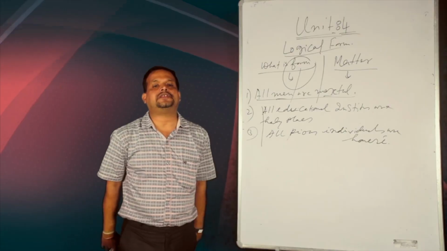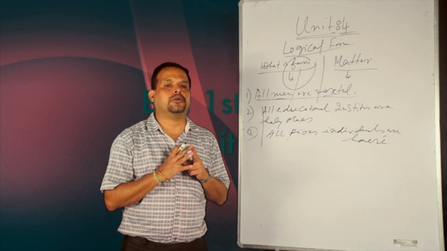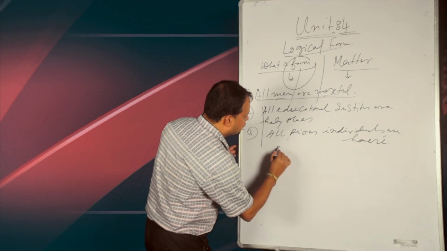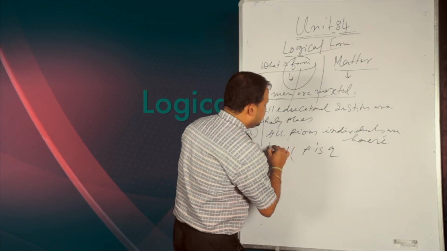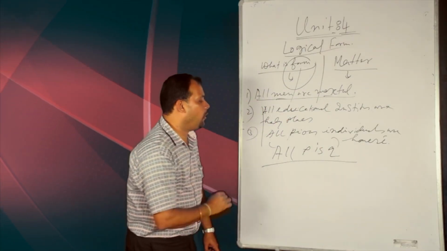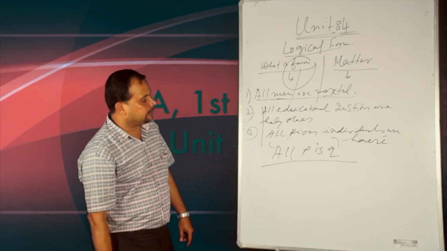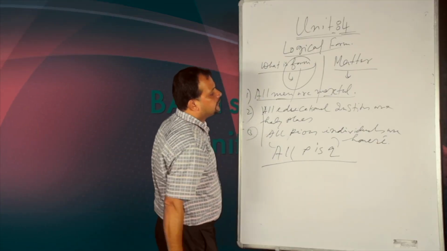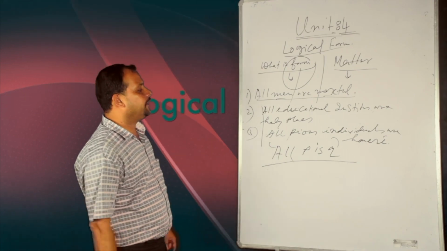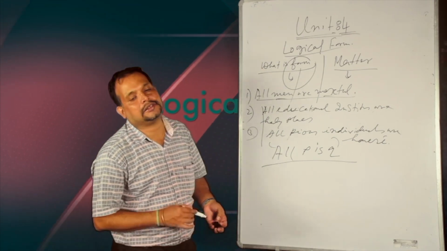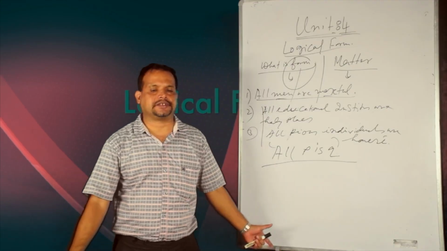If we withdraw our attention from their subject matter, then we cognize their form to be of the type all P is Q. This is the same logical form, all P is Q. If you write all P is Q, then it means all educational institutes are holy places, all men are mortal, all pious individuals are honest.